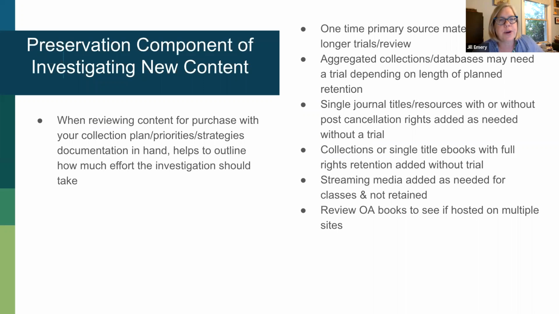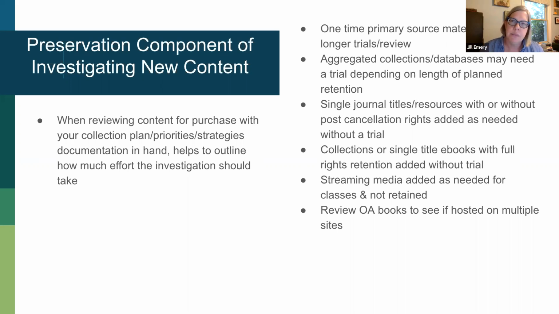So in looking at the preservation component of investigating new content, by determining upfront what your preservation strategy is for any given content that you're reviewing determines really how extensively you might want to review it at your initial selection. You might want to spend more time with primary source material and one-time purchase material that is going to be with you for an extended period of time.